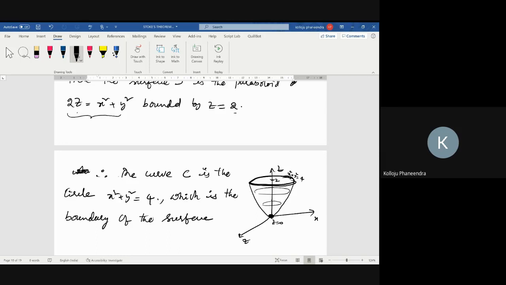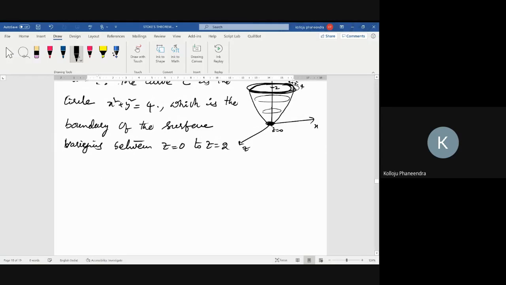The circle varies from z equal to 0 to z equal to 2. From here to here it is moving. It is a point circle here, and here x square plus y square equal to 4. So the boundary C is x square plus y square equal to 4.